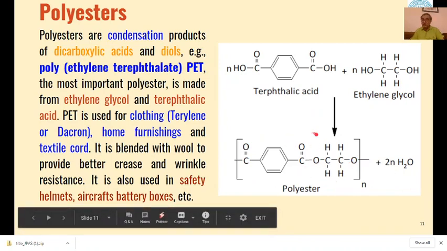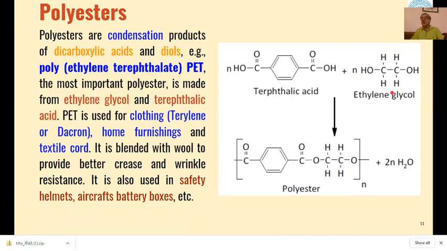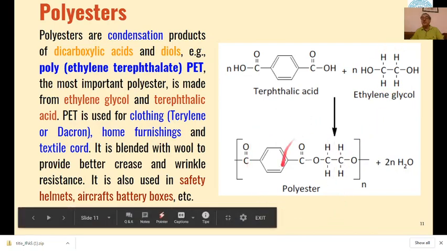And if in the polymer we are having this type of linkage present, this is an ester linkage. So a polymer which is having this type of linkage is called a polyester. So dicarboxylic acid condensing with the diol, giving us polyester as the product, and this is popularly known as PET, polyethylene terephthalate.